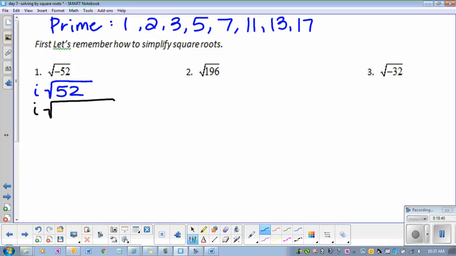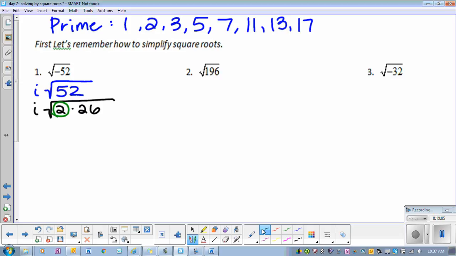What's 52 divided by 2? 26. So 2 times 26. I have a prime number here, this 2, and I can't break that down anymore, but can I break down 26?